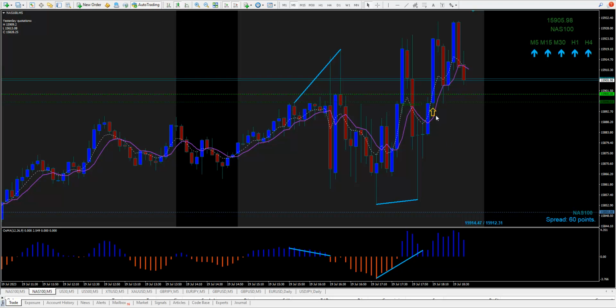Most people would like to see a green arrow, buy, or a red arrow, sell, and those never work either. They will not work for you in the end.